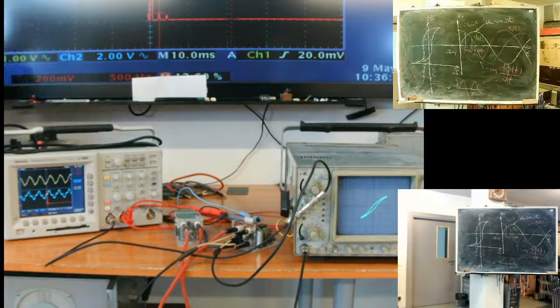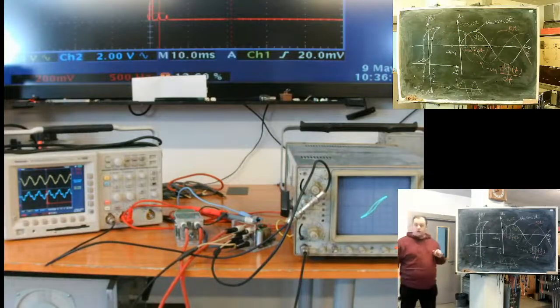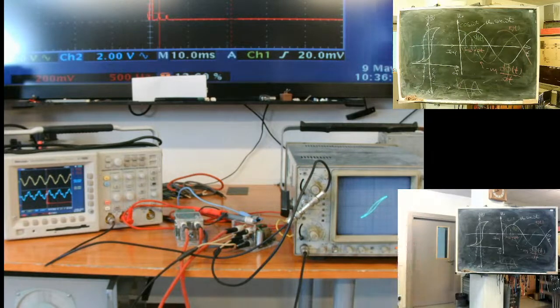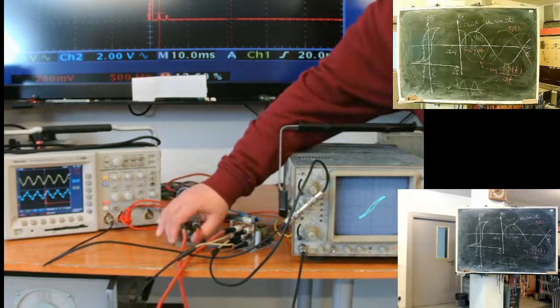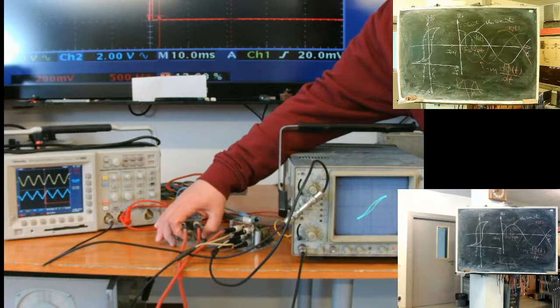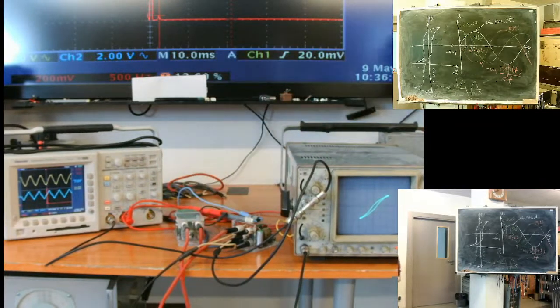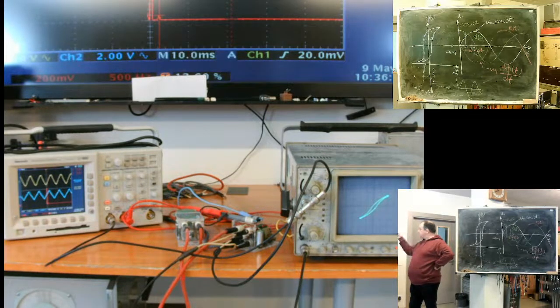Now, magnetizing current contains less third harmonic. Yeah, this way better. See, it's not distorted.